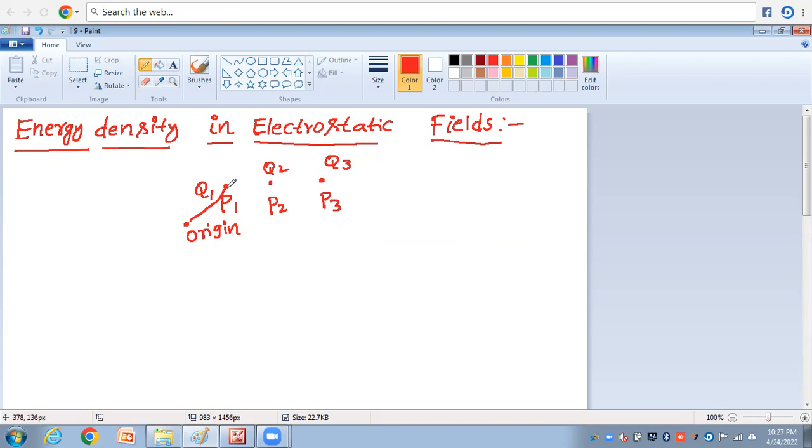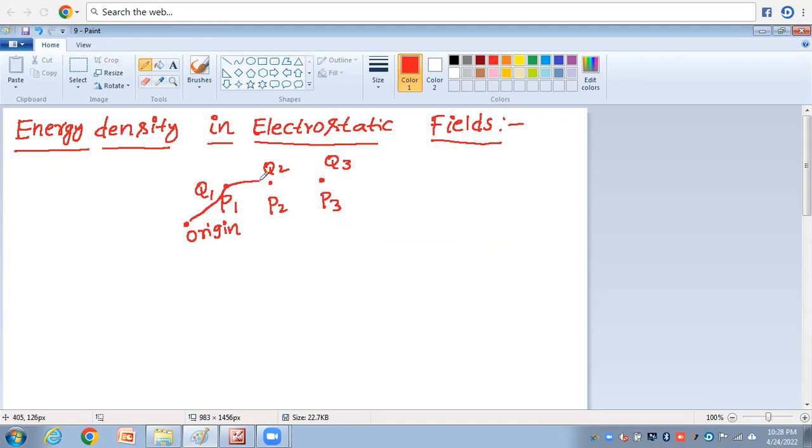The next step, the work done in transferring Q2 from infinity to P2, is equal to the product of Q2 and the potential V2.